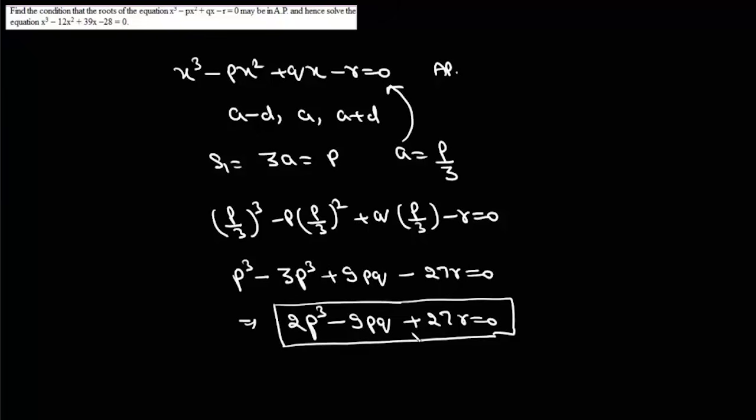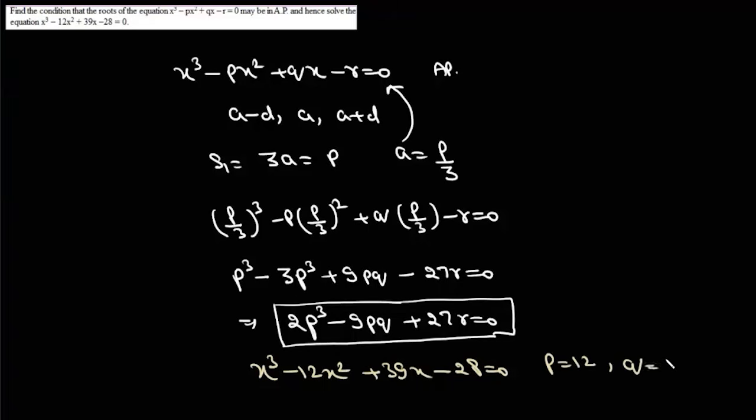Now we are given this cubic equation, which is x cube minus 12x square plus 39x minus 28 equals 0. Now we compare it with this given equation. We can write p as 12, q as 39, and then r as 28.